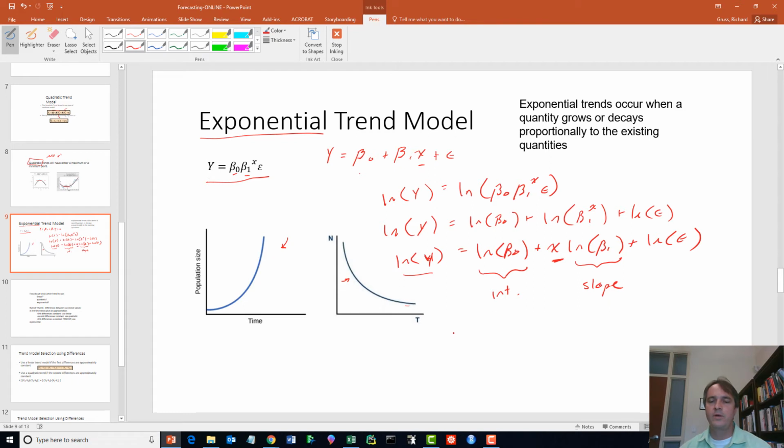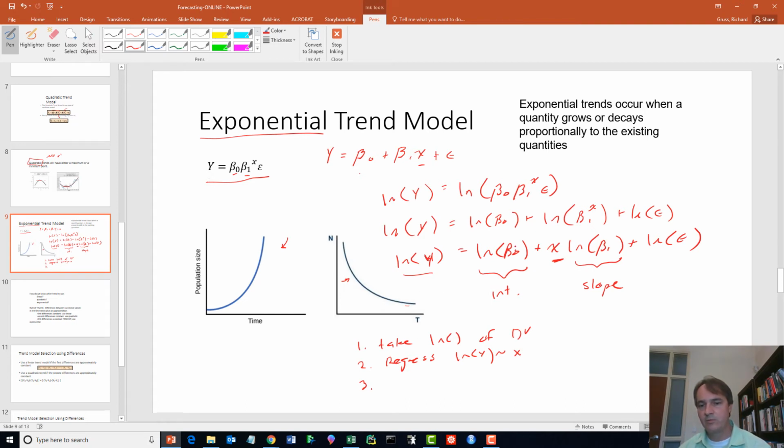So the first thing is to take the log of the dependent variable, and then you do the regression of the log of y on x, and you're going to get back an intercept and a slope.